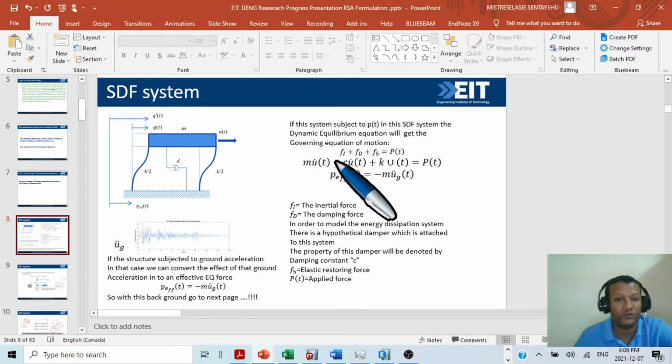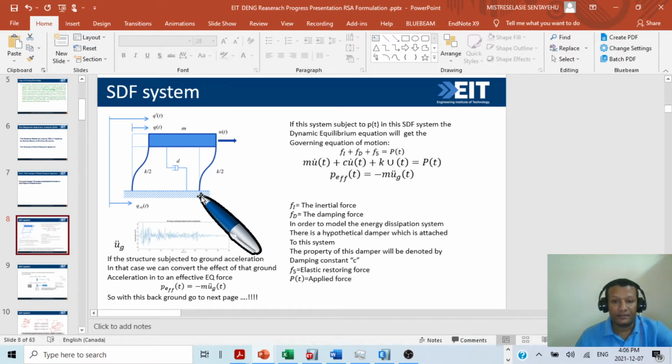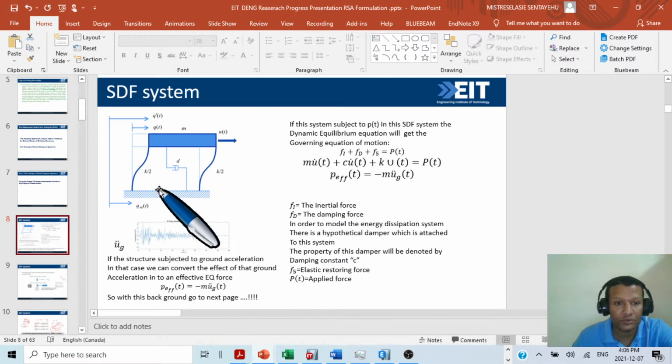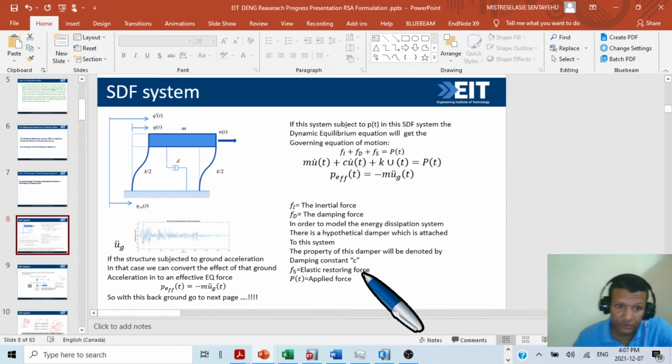This one is our mass, this is our displacement u(t), and we have damping. We have the inertial force because of m, we have the damping force here, and we also have the elastic restoring force.